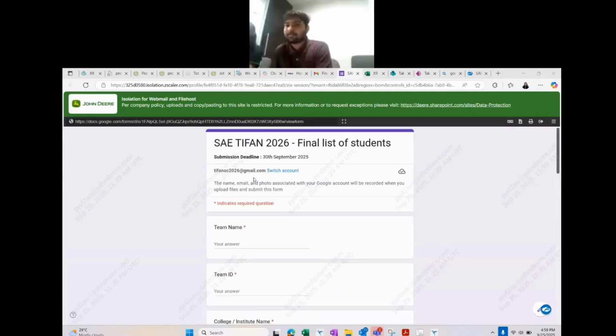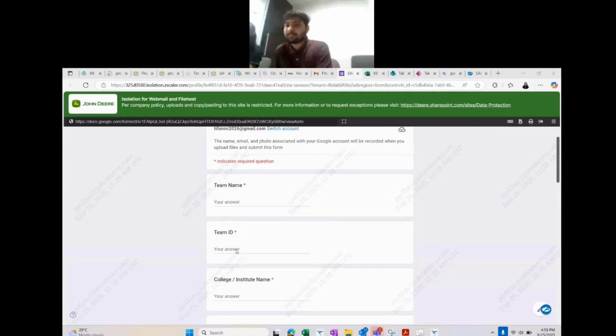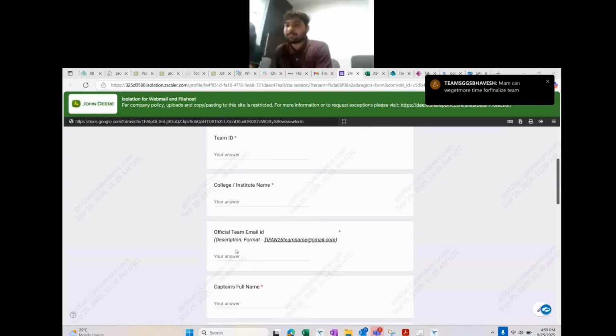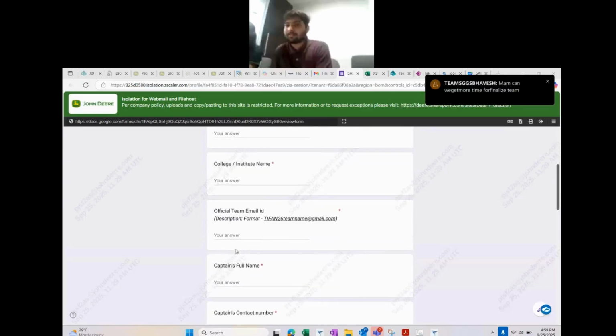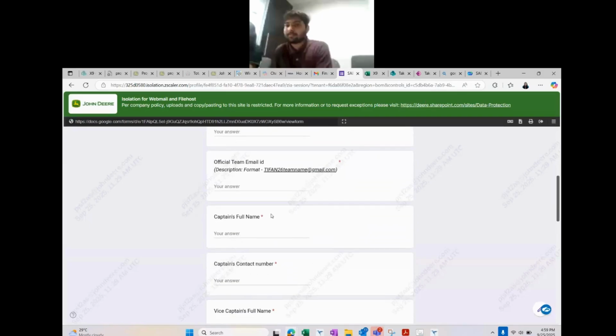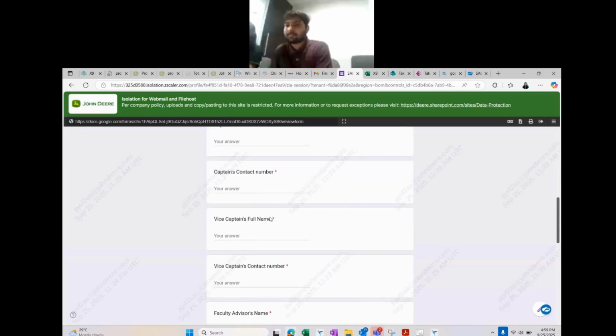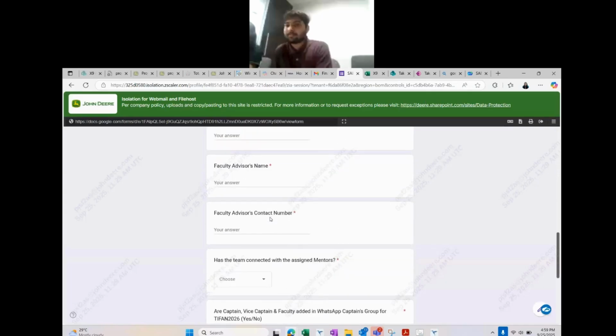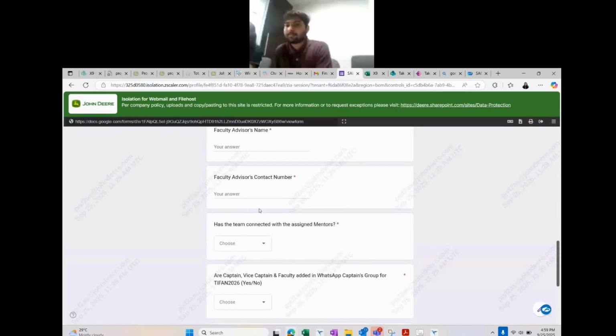You will have to fill in the team name, team ID, the college or institute name, then the official email ID that I hope everyone has created in this form, that is Tiffin26 team name at gmail.com, your team name over here, captain details, vice captain details, and the details of the faculty advisor.